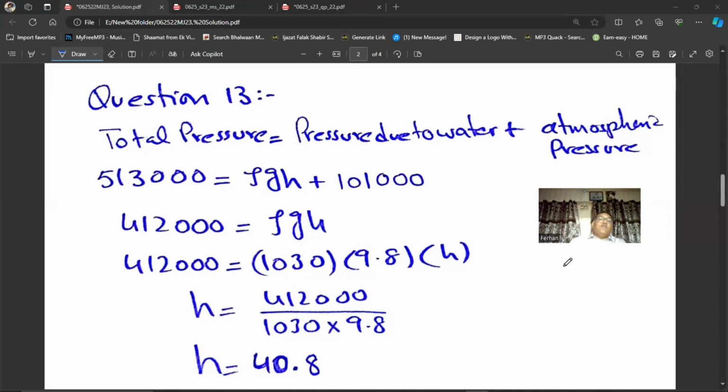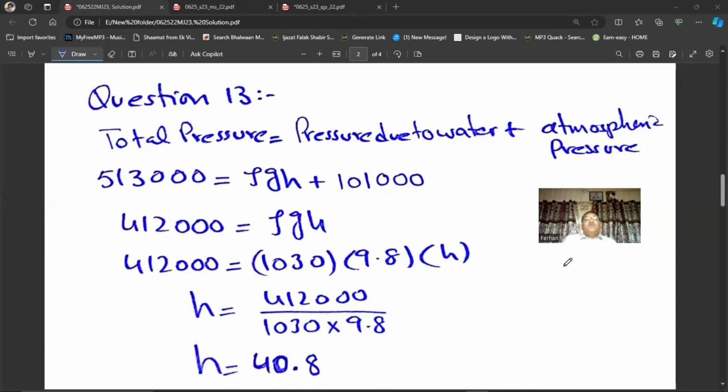The value of the rho of the seawater is given, that is 1030 kg per meter cube, and the G value is 9.8 Newton per kg, and the H, the depth of that liquid water, is the question. So make H alone. This 1030 will go on the other side and divide, and 9.8 will go on the other side and divide there.